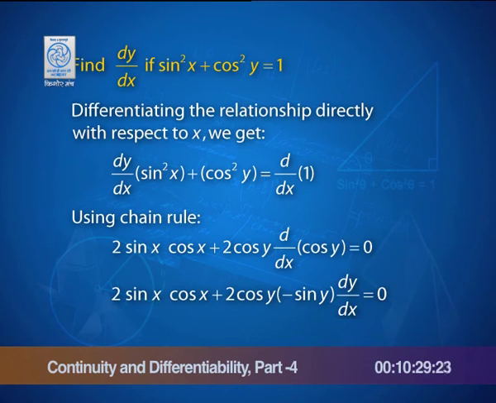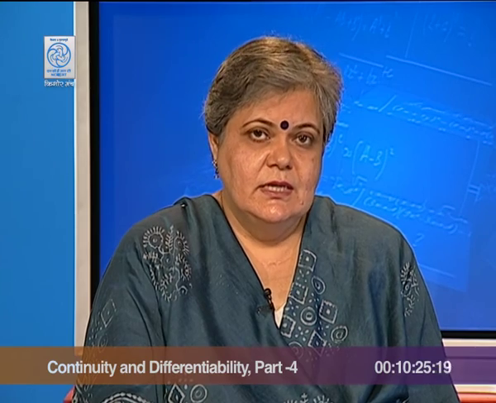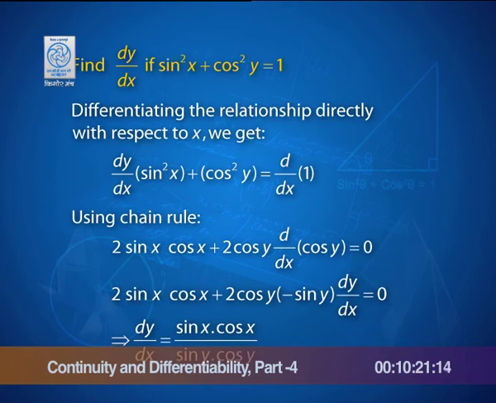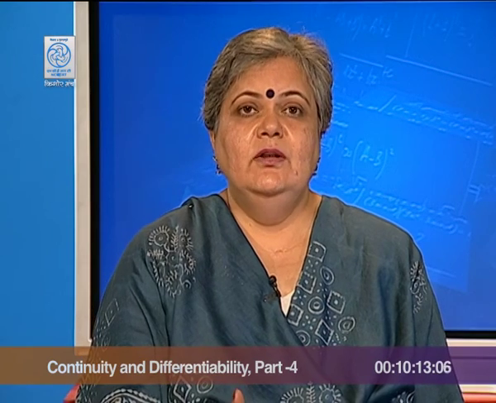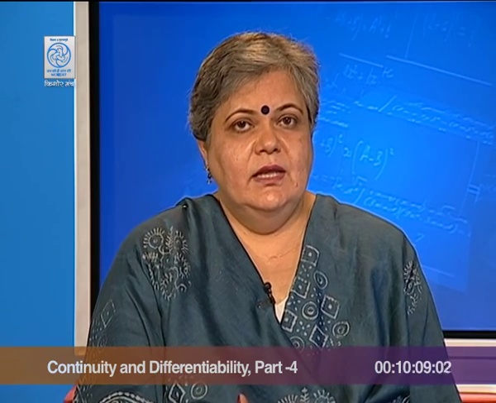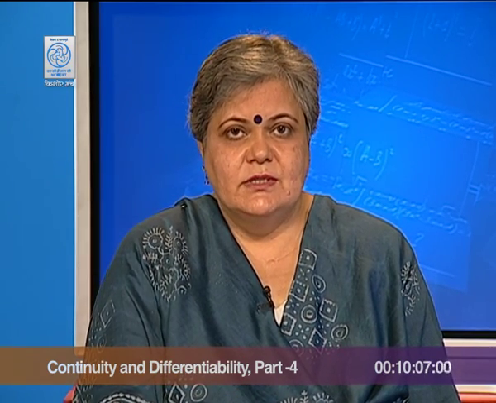From here, we will now separate out what dy by dx is. Rearranging, you get dy by dx as sin x cos x upon sin y into cos y. So, chain rule actually plays a significant role in finding the derivatives of implicit functions.